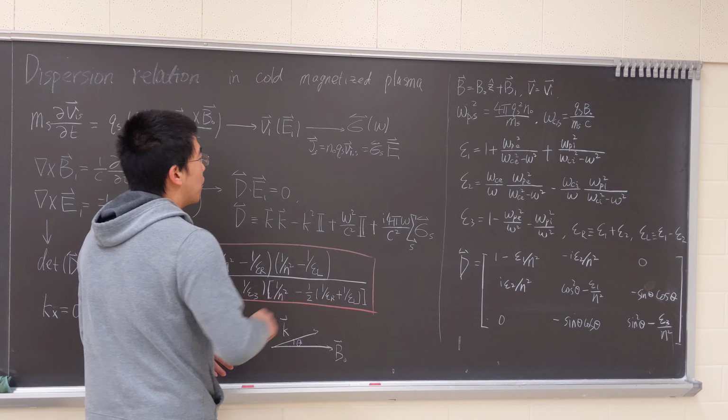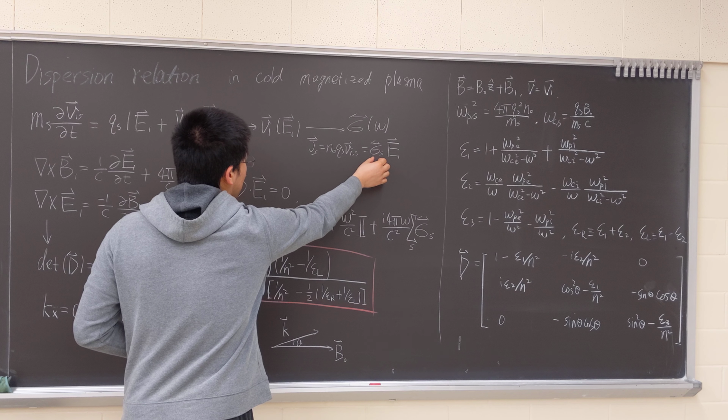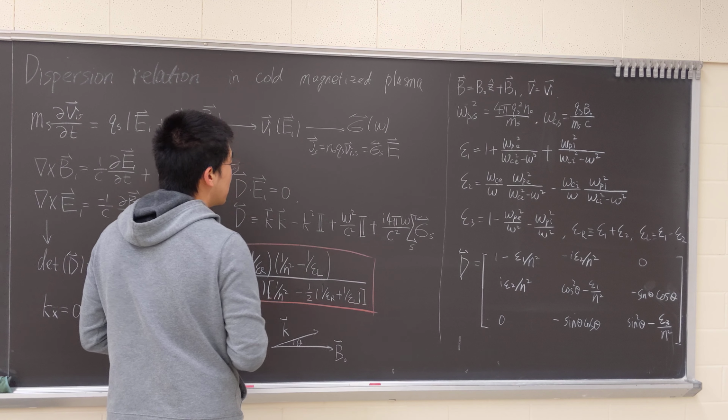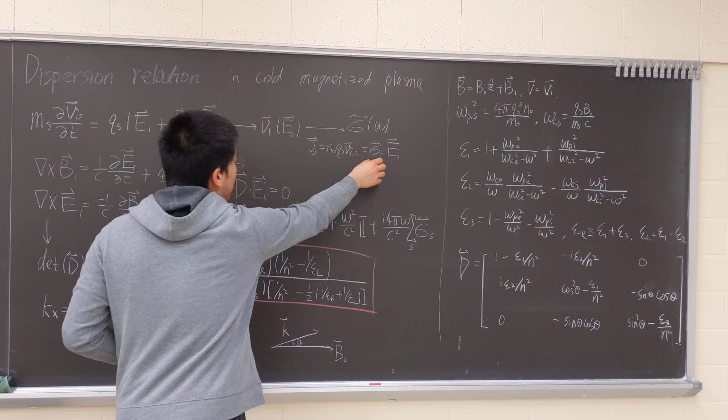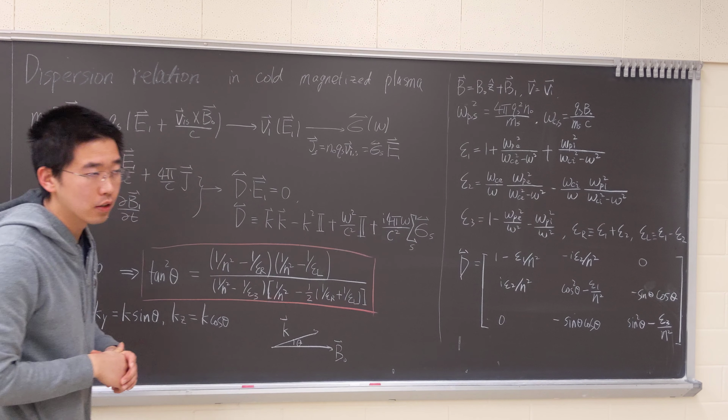So we use this, and then sigma will become a matrix, and the matrix will be a function of omega.